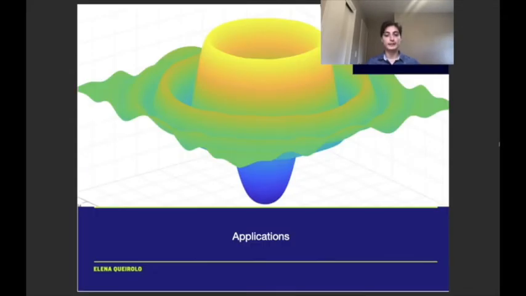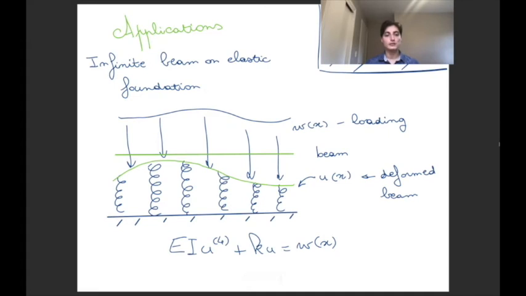Let's look at some applications of the Fourier transform. The application we're going to see is an infinite beam on elastic foundation with some loading. So the beam is supposed to be straight, but you're laying it on top of springs and you put a load on top of it.